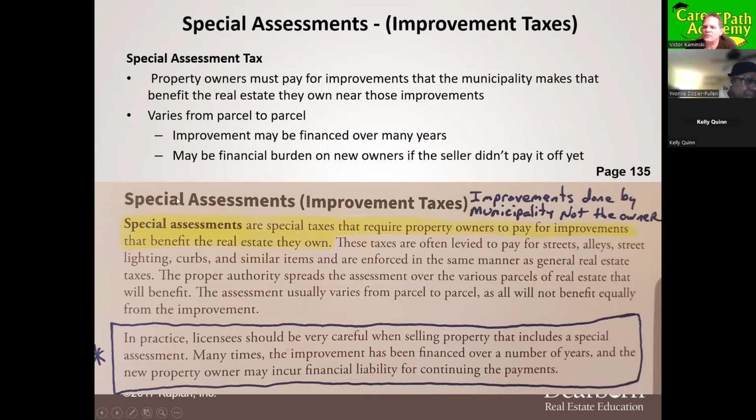Well, they may create this special assessment tax and then tax all the homeowners that live in that general area in that neighborhood who'll enjoy that park, so that they pay for it. And when that tax is paid off, that tax goes away. Okay? They've got these special assessment, these improvement taxes that are like that.